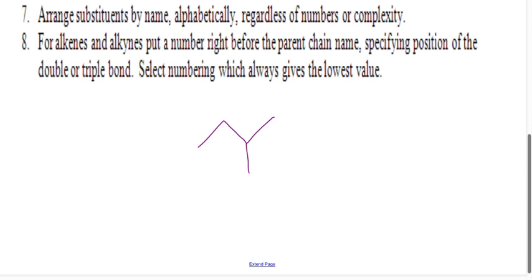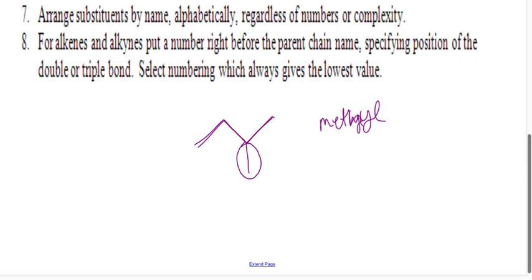These substituent groups, once you identify your longest chain, if you want to, you can circle your groups just to isolate them. The substituent groups end in -yl, and they have the same prefixes that we just talked about. So what is the 1 carbon prefix? Meth. So this is called a methyl group. That's a methyl group.